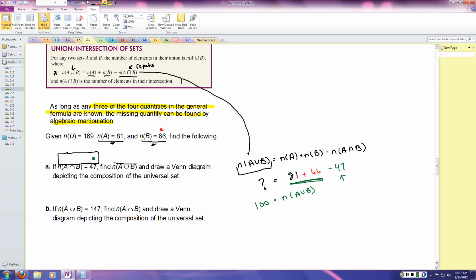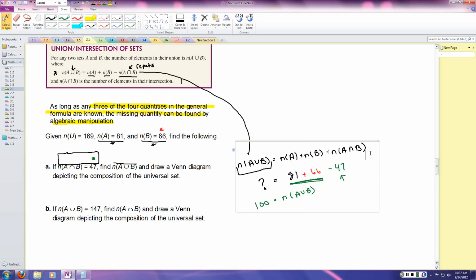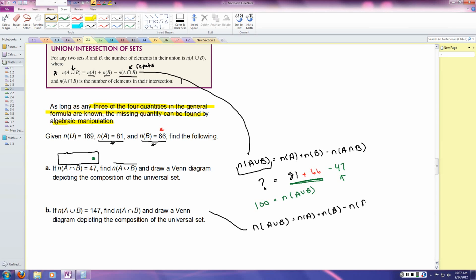So let's look at this next example. Let's take this same formula here. I'll just rewrite it. So I'm taking the number of elements in A union B equals the number of elements in A plus the number of elements in B minus the number of elements in the intersection.